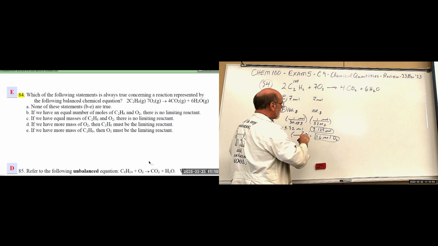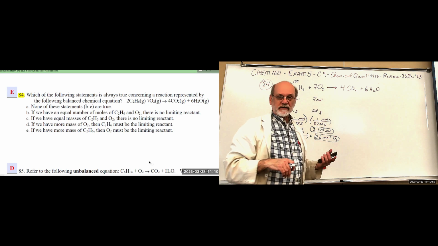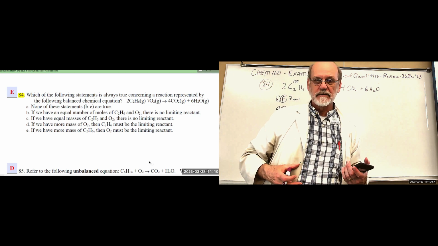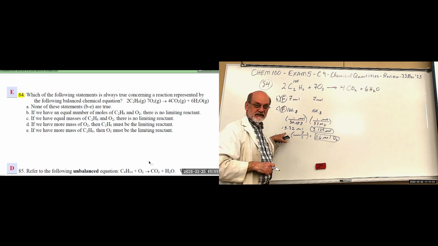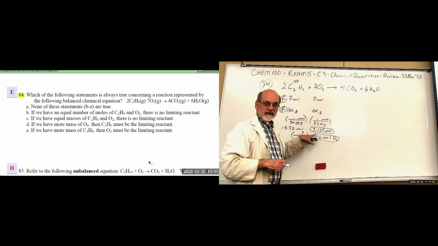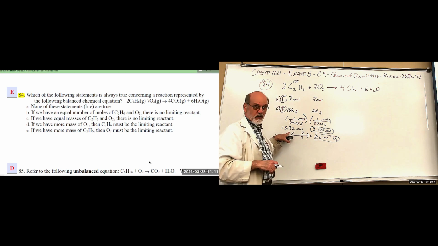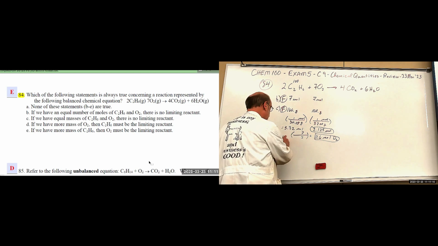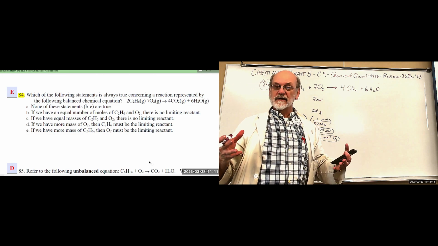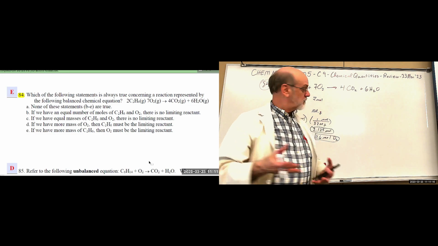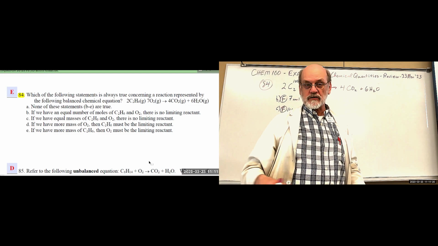If you have more mass of oxygen, you could catch up a little bit, but this one is still not going to be limiting. It's always going to be this one limiting until you get to 11.6 moles. So this one is also false. It says that C2H6 is limiting, but oxygen is limiting over a wide range.